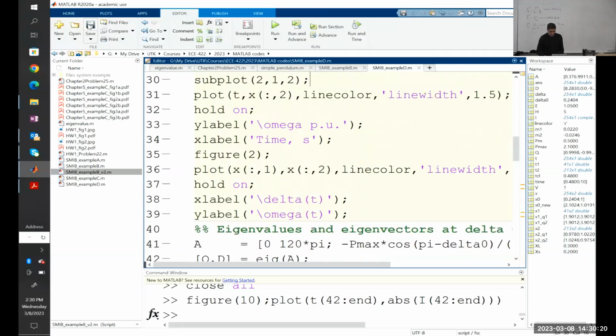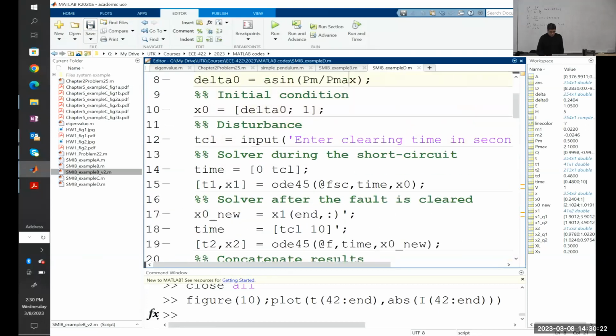We go back to the main code here. And after this, we will have the solution for time and the state variables during the short circuit. After we clear the fault, we use as initial value the last value we have for the state variable during the short circuit, which is line 17.